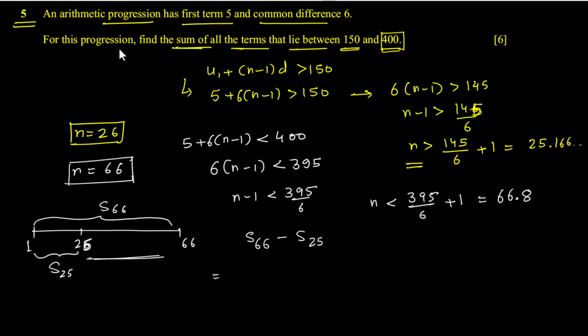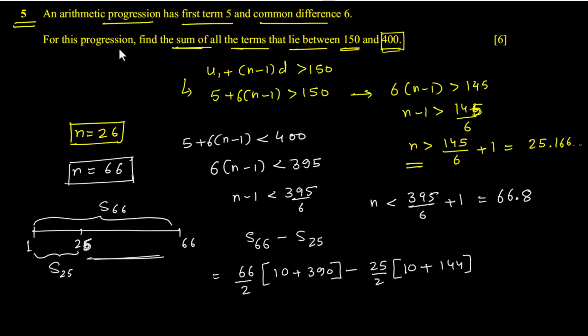So n over 2 here is going to be 66 over 2 times 2a, that is 2u1, sometimes we take a as the first term, so 2u1 is 10 plus 65 into d, because it is n minus 1, so 66 minus 1 is 65, into d, so that's going to be 390, minus the 25th term sum, which is 25 over 2 times 10 plus 25 minus 1, 24 into 6, which is 144.